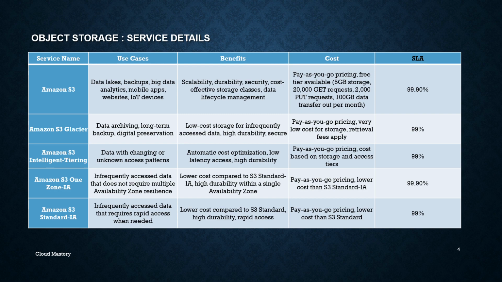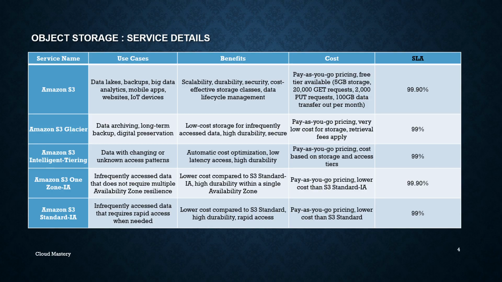If you understand the structure of the data, you can discuss with the applications team, take a call with one change, prepare that change and get it approved by the client, and then apply the lifecycle with Glacier. You can definitely save much cost compared to other S3 classes. This is also pay as you go pricing, very low cost as I explained, and the SLA is 99.99% for S3 Glacier.